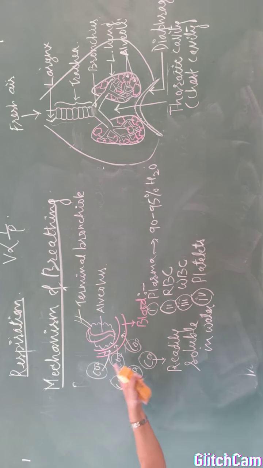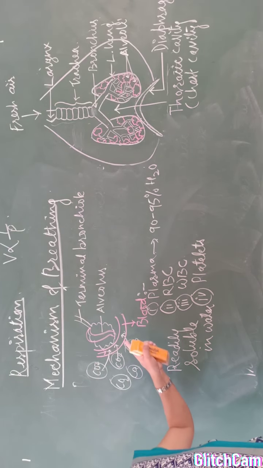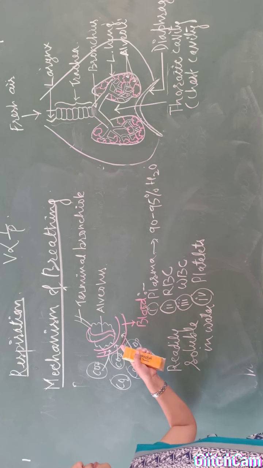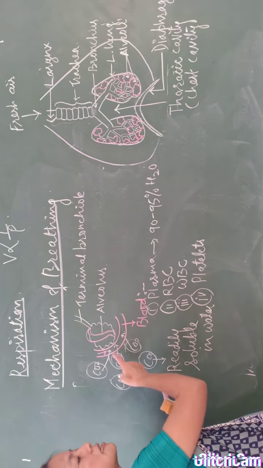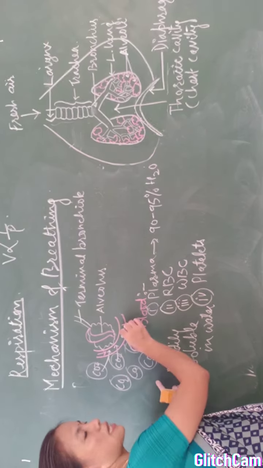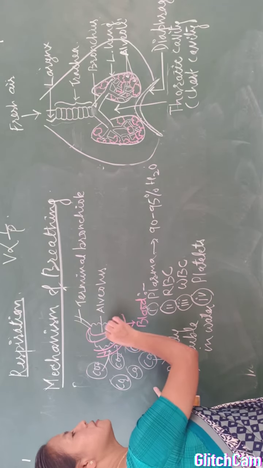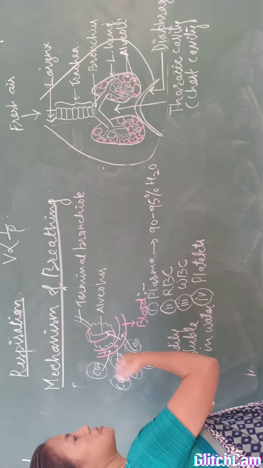So, the carbon dioxide from the cells will diffuse into the blood plasma. This plasma will carry carbon dioxide from the cells to the capillaries. From the capillaries, the carbon dioxide will be given to the alveoli during expiration.